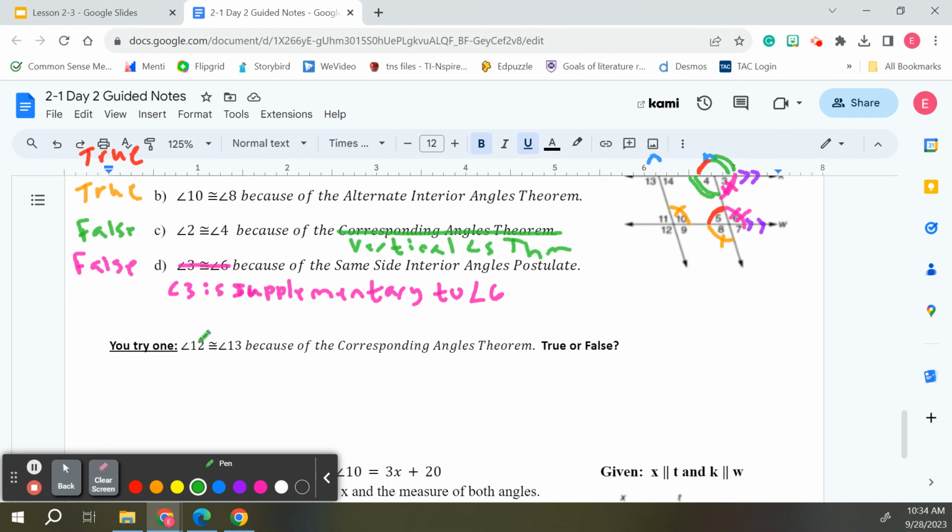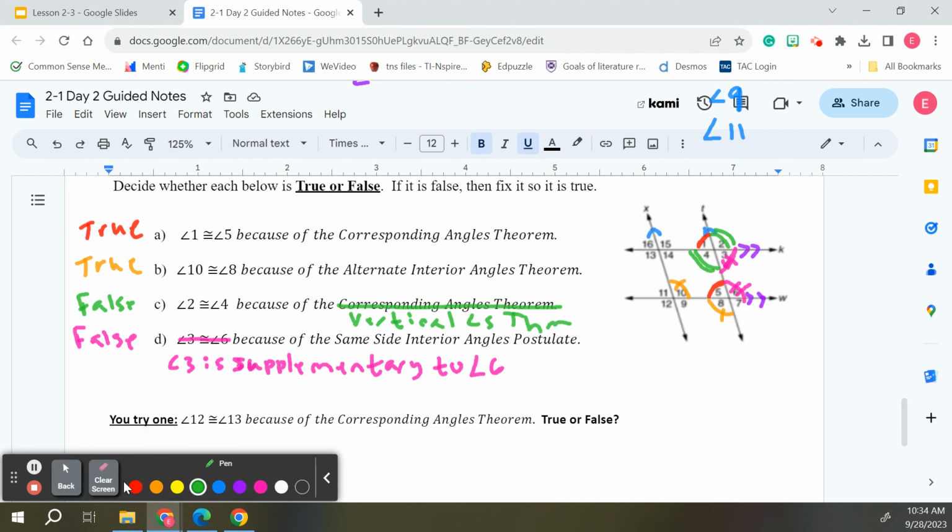So angle 12 is congruent to angle 13 because of the corresponding angles theorem. Is that true or is that false? So again, if we take a peek, here is angle 12. Here is angle 13.